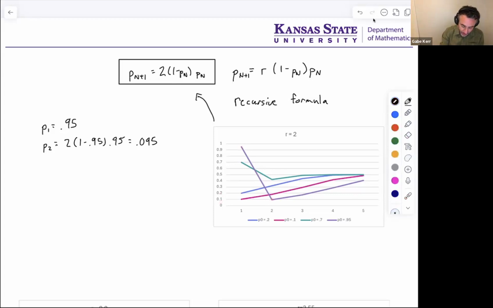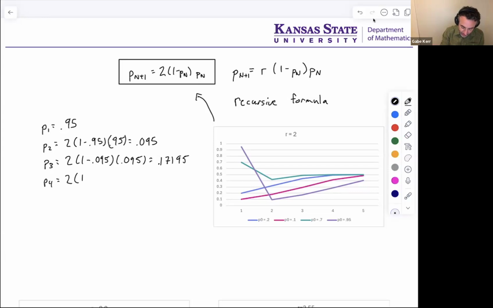Then you can do it again to find P3. You use the same relation, the same recursive formula. So here you get 1 minus 0.095, and sorry, I should put this in parentheses, times 0.095. Again, use a calculator and you'll see something like 0.195. Again, you keep going and use your relation.